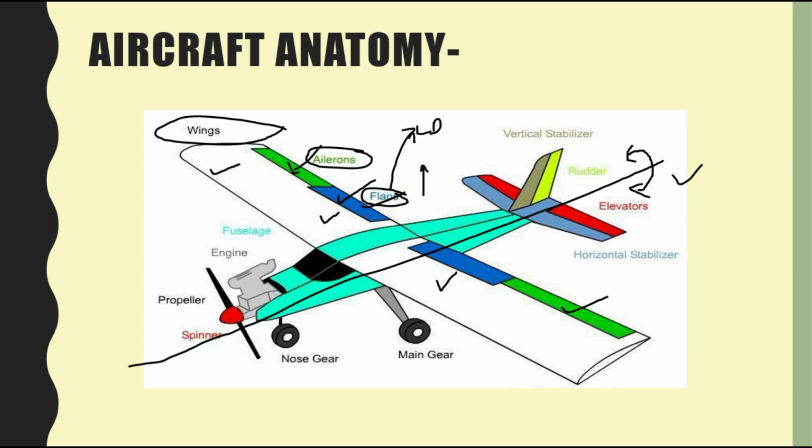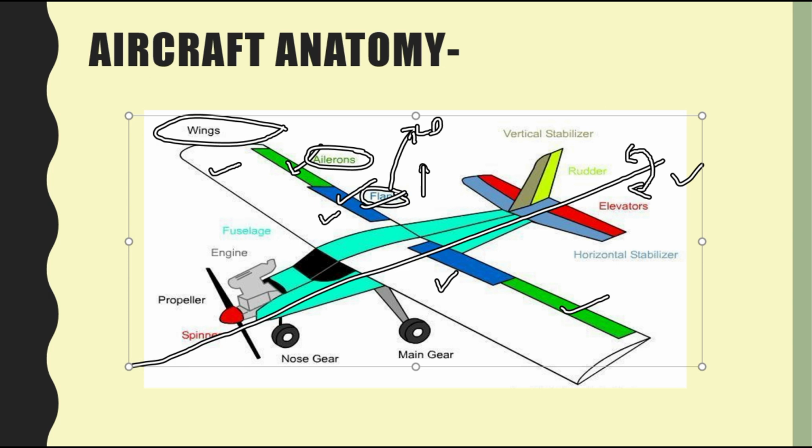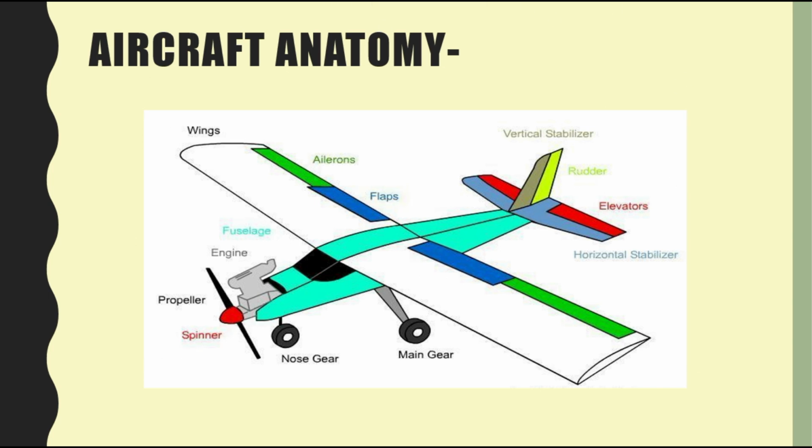After this, I would like you to concentrate on the front part of the aircraft. The front part has its engine. So this is the engine of an aircraft. Now this engine could be replaced by an electric motor, maybe two electric motors or two engines.